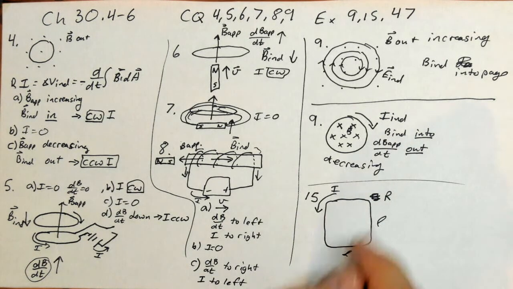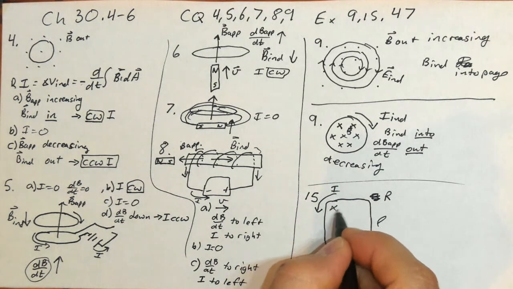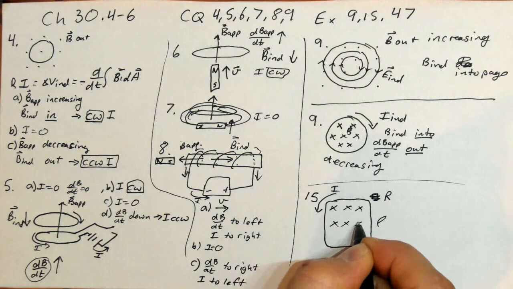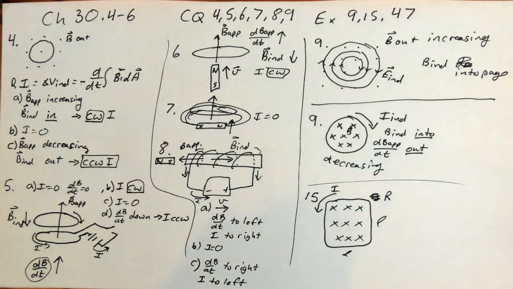It's 8 centimeters to a side. We have a B field that's everywhere pointing into the page. With that, our question is, at what rate is the B field changing, and in what direction? So first let's get the direction. That's going to be similar to these other ones.